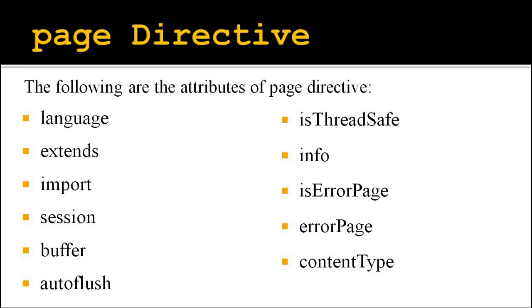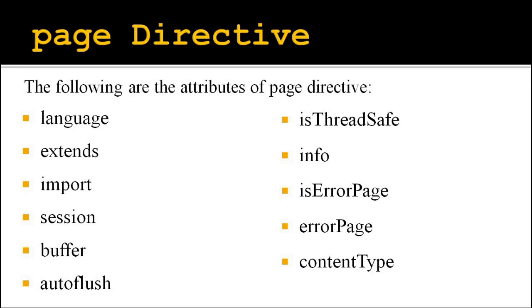Coming to the fifth attribute, buffer, which specifies the size of the output buffer in kilobytes. The default buffer size is 8 kilobytes. Then coming to the sixth one, autoFlush, which also has either true or false values.